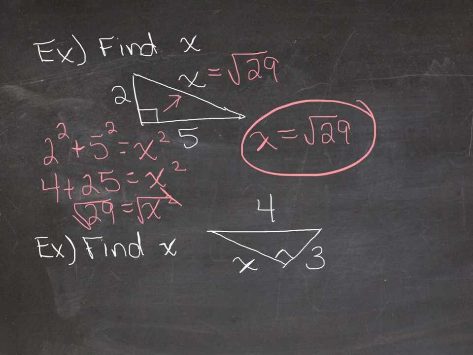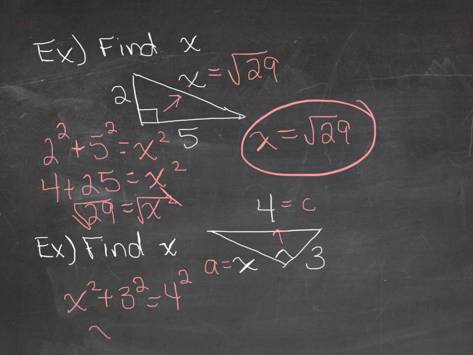Let's try another one where we have to solve for a missing side. In this one, I'm not solving for my hypotenuse. I'm given the hypotenuse, which is 4, and I'm given that the other leg is 3, and I'm trying to find, let's say this is a. So I have x squared plus 3 squared is equal to 4 squared, because 4 is c.